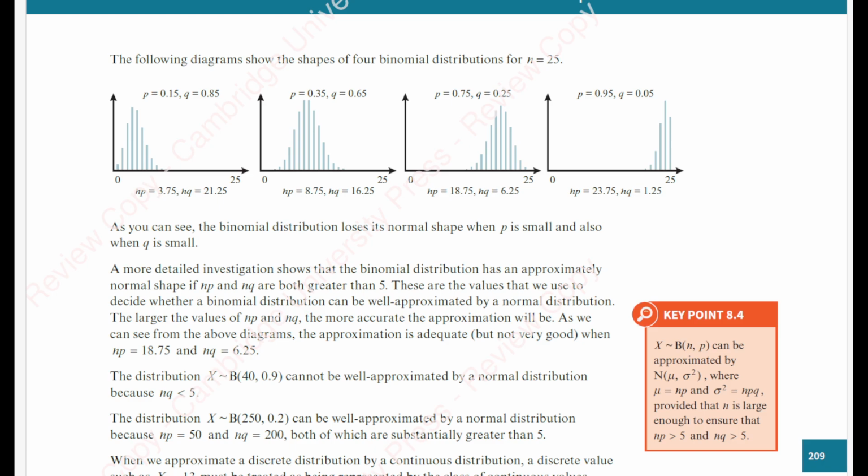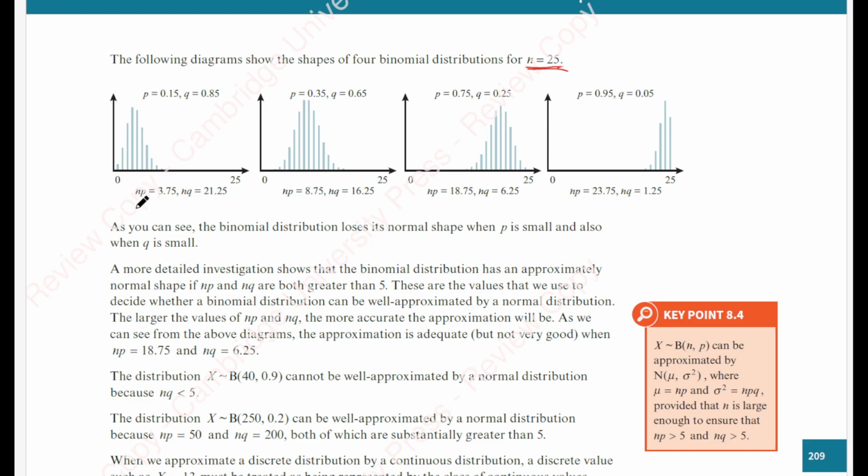Here you can see an interesting thing when you try to draw the distributions of probabilities with different parameters. For example, n is 25 all the time, so it means that you have 25 trials. If you toss a coin and the probability of heads is 0.15 and the probability of tails is 0.85, so it's a biased coin, then the graph looks like that.